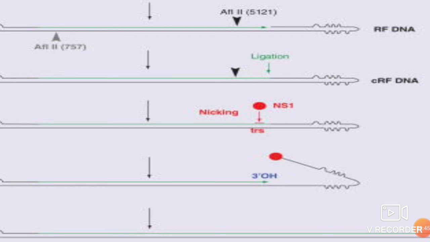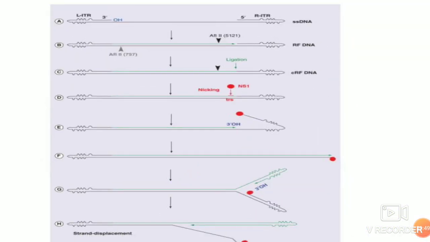TRS stands for terminal resolution site. When you cut there, that is between the 5' end hairpin and the newly synthesized viral DNA, it forms a novel 3' primer that initiates the strand displacement and rolling hairpin dependent DNA replication.